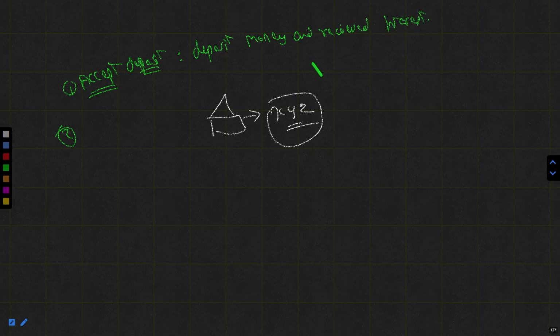That is the prime function of the bank. The second prime function is lending loans. A person who is suffering a shortage of money, or requires money for some purpose, can go to the bank and take a loan, and the bank receives interest on the loan. Those are the two prime functions.